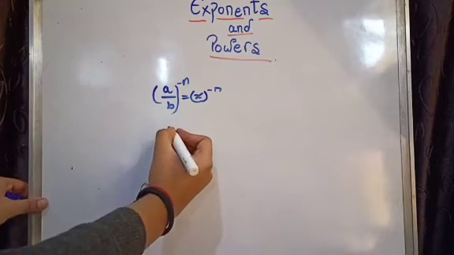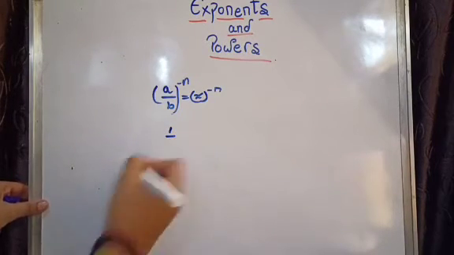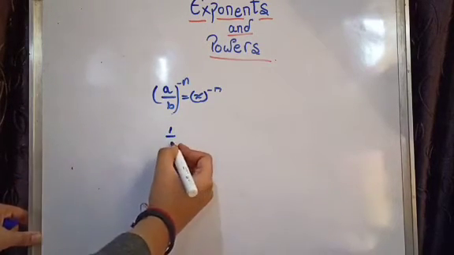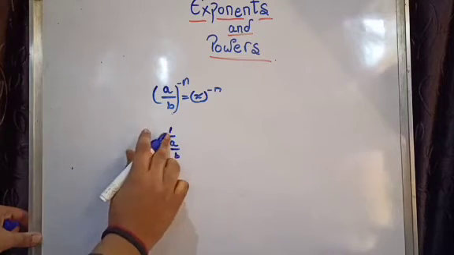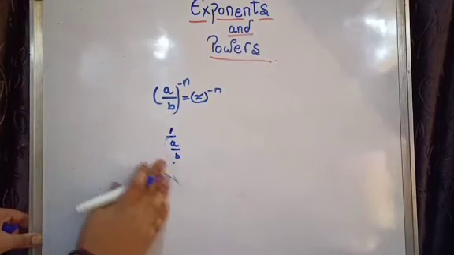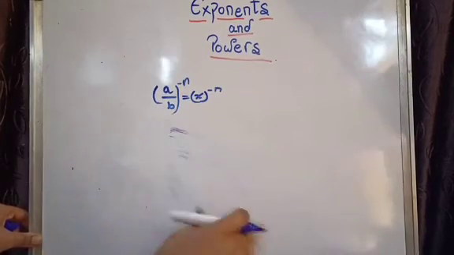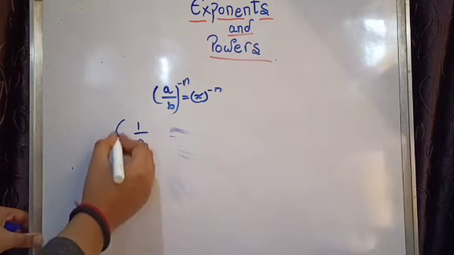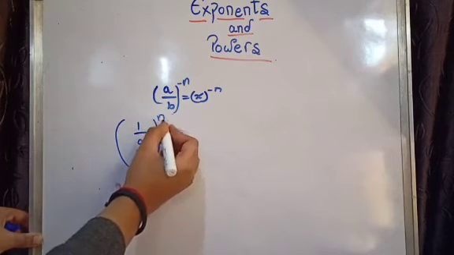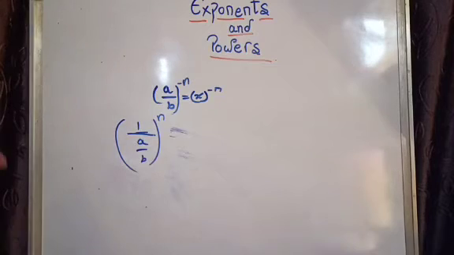See, 1 over a over b to the whole power of n. Okay, this is our long bracket. Long division. See, this is there.